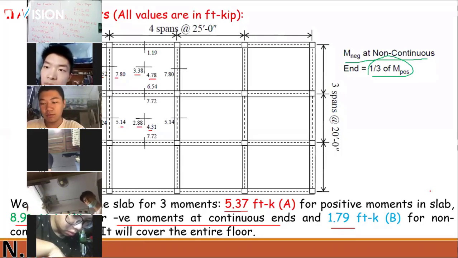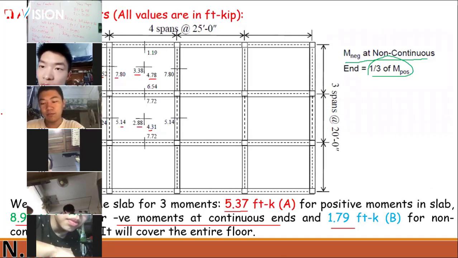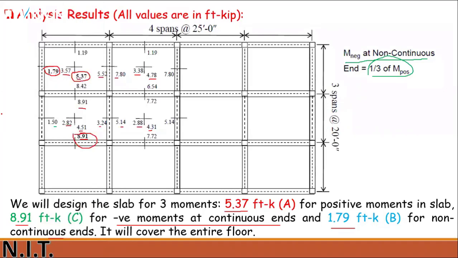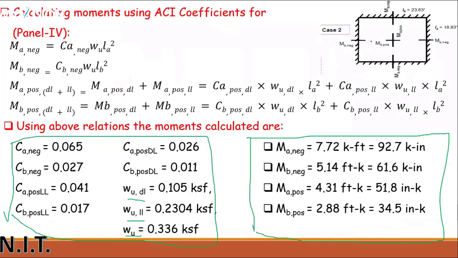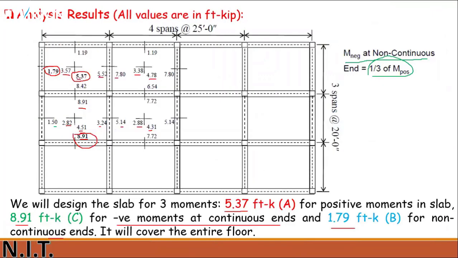Did you understand how we are selecting these moments? This is MA negative, MB negative, MB positive, MA positive, MA negative, and MB negative. Put values like this in these panels. Once you put these values here, select the bigger values.